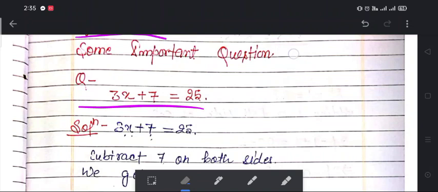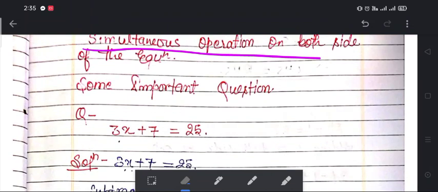So let us see how we apply the method of simultaneous operation on both sides. In this question we can see that 7 is added with 3x. So first of all, in order to make this 7 as 0, we have to subtract 7 from both sides.